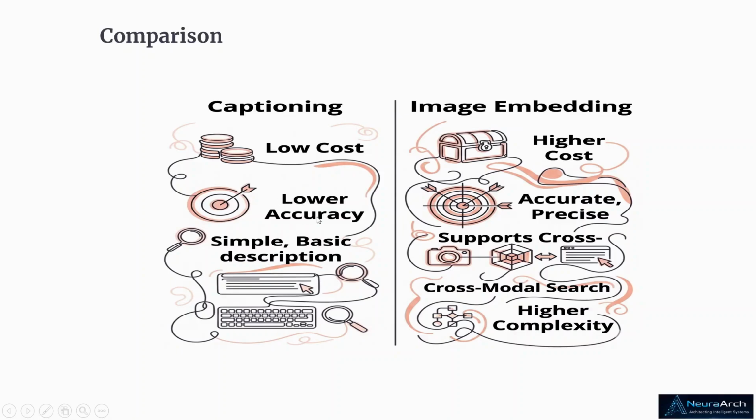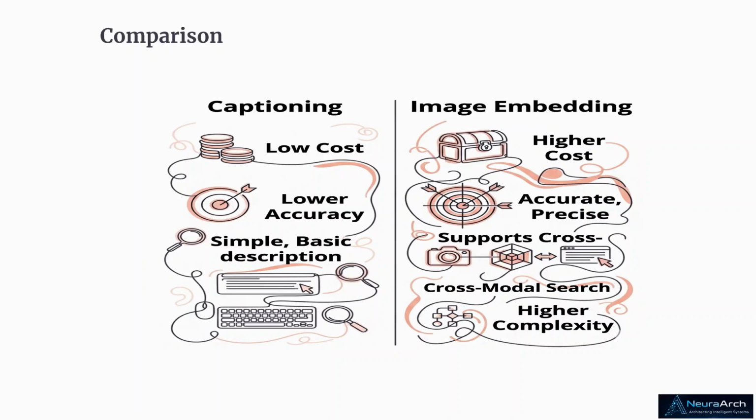Definitely, it will have lower accuracy. The accuracy depends on how the caption has been generated for that image. How in depth you have described that image will define the image in the vector database, and your query is going to run against that description or caption that you have stored.